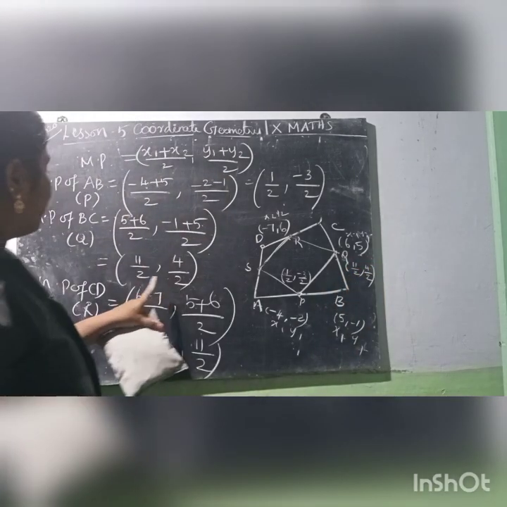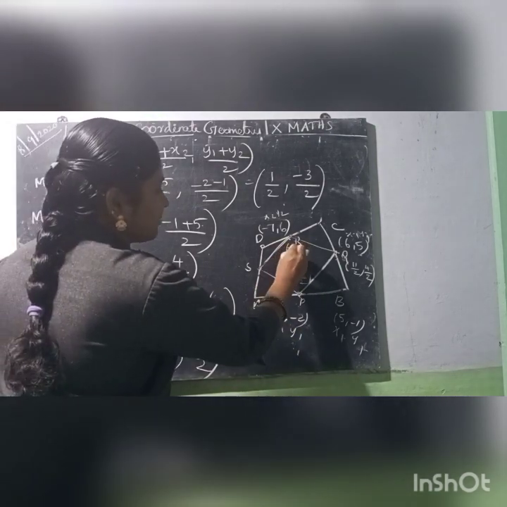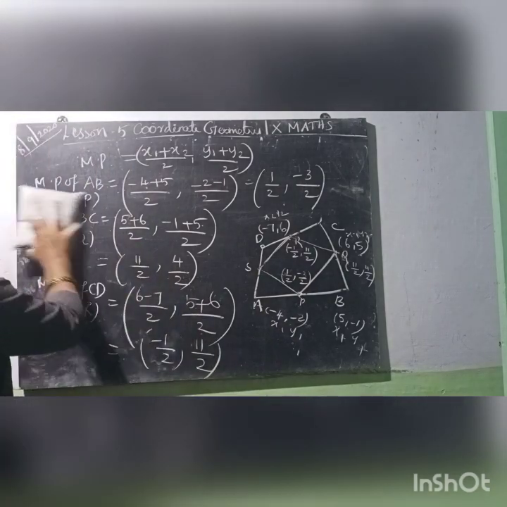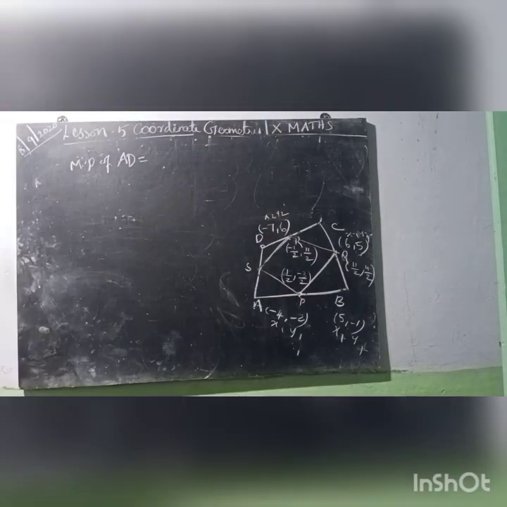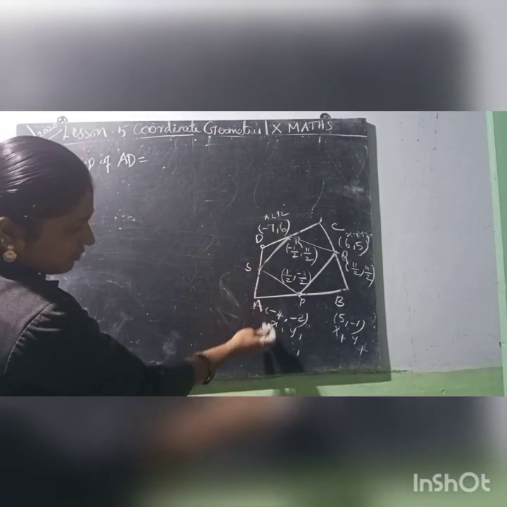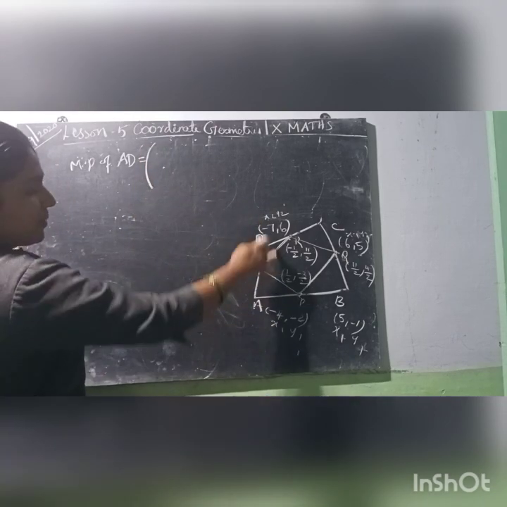Then the midpoint of CD is R, that is minus 1 by 2 comma 11 by 2. Next we want to find the midpoint of AD. We consider (x1, y1) and (x2, y2). First, (x1 plus x2) by 2.